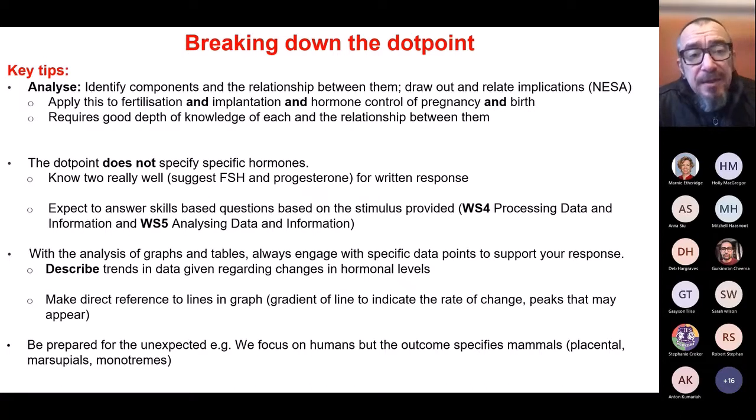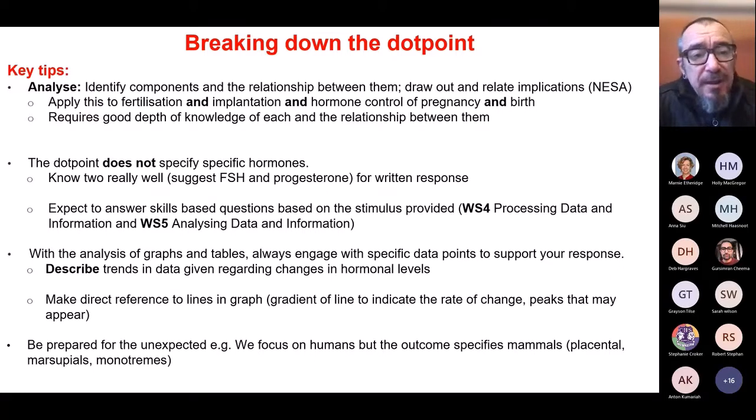So the dot point is very specific, fertilization and implantation. So you don't know which one or both, perhaps, that they're going to assess in the HSC. And bold there, hormone control of pregnancy and birth. So you need to be able to apply it to both pregnancy and birth. Okay, I've covered that.